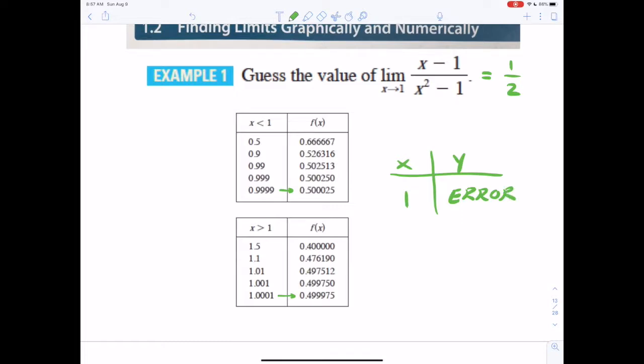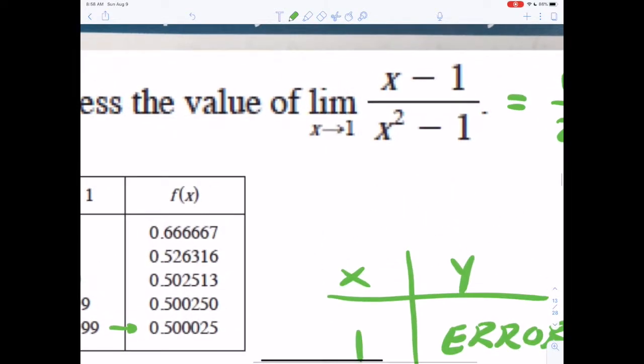So, 2 things. 1, remember, you're getting arbitrarily close but not exact. So you don't want to plug in 1 because that's not what a limit is, okay? So the reason why there's an error is for 2 reasons. If you take a look, if you plug in 1 here, your denominator will be a 0.